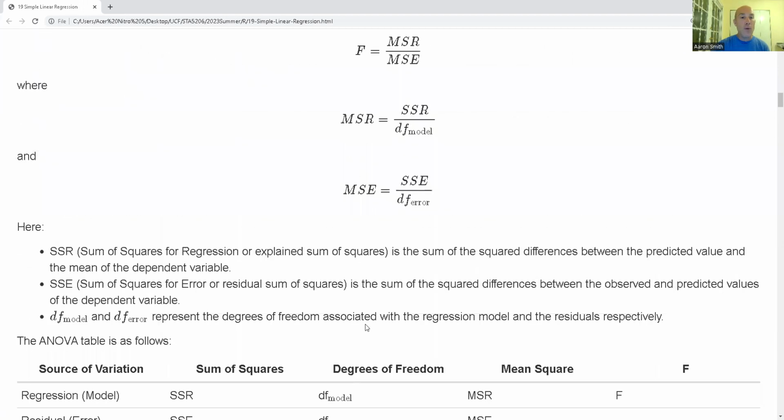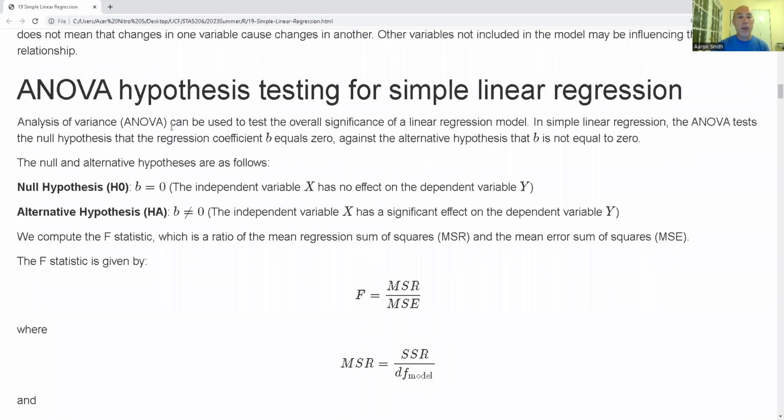Now, ANOVA, when we get into the more complicated setting of multiple linear regression, just checks to see: is there one or more informative variables in my collection of variables? When I only have one variable, it's just checking to see if that one variable is informative.